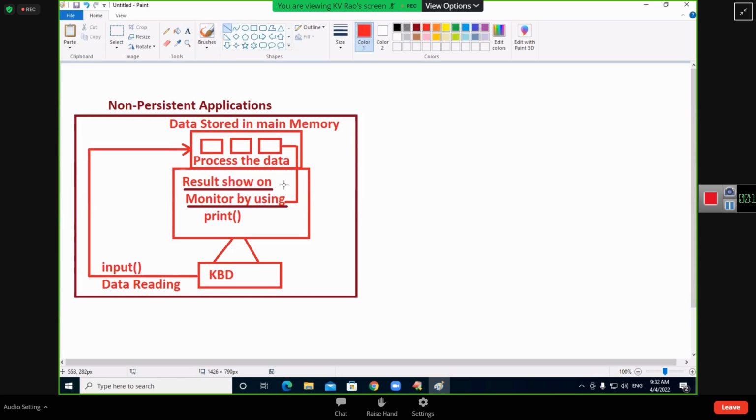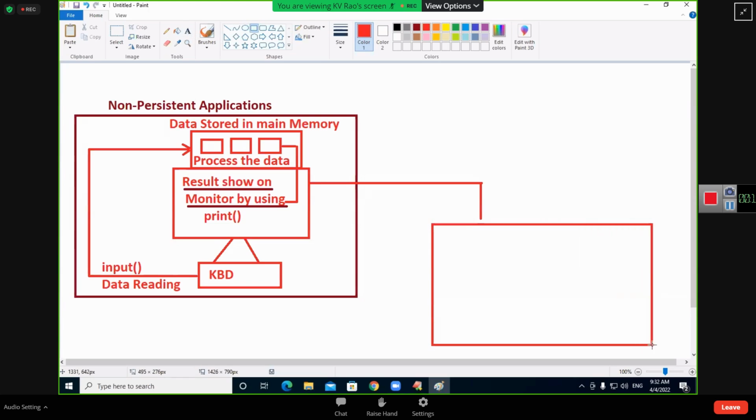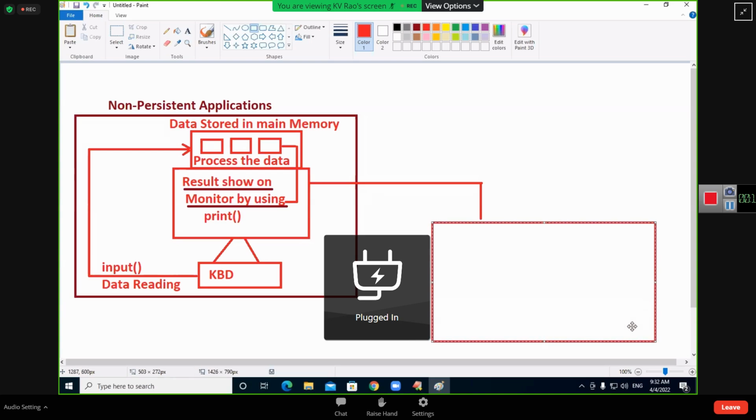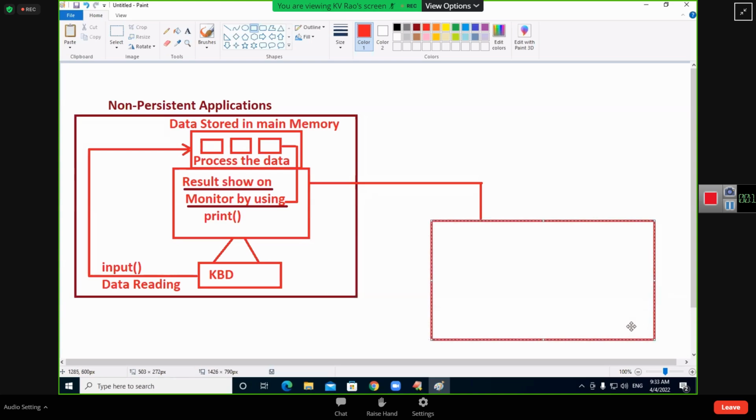Sir, where do you store permanently? Generally in programming of any language or in the software industry, to store the data permanently, there are two approaches actually. How many approaches? Two approaches are available.